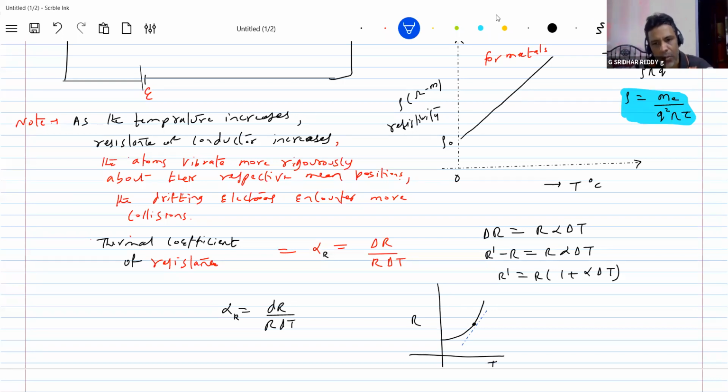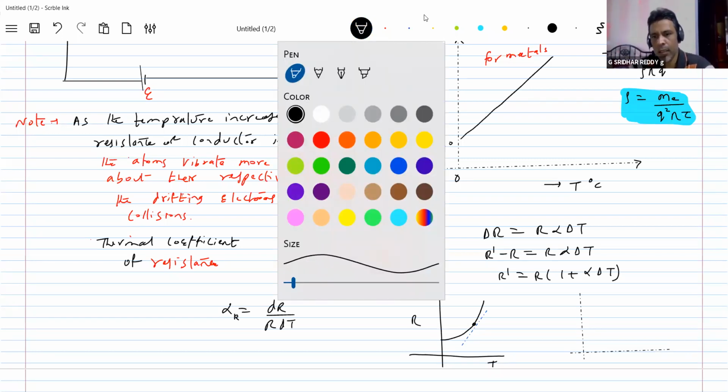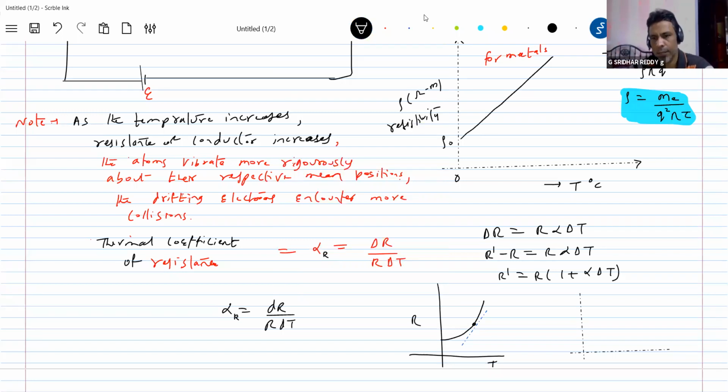dR by dT into the value of R at that particular temperature. So you go for the value of R like this. So how do we measure alpha?